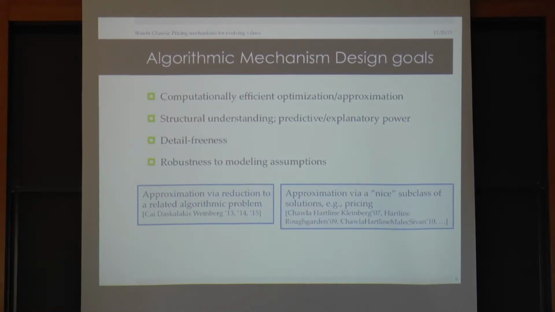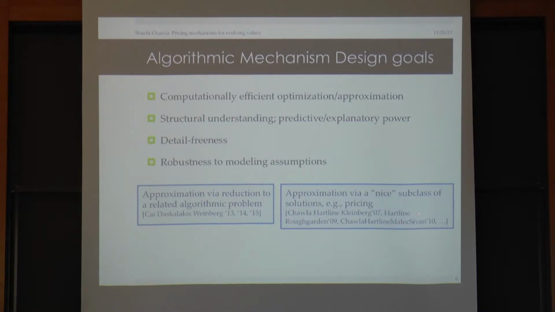And there's a different framework that has arisen, and that is that we focus on some nice subclass of solutions that are simple, detail-free, robust in some ways, and then argue that this nice subclass contains near-optimal solutions, and you can find these near-optimal solutions efficiently.